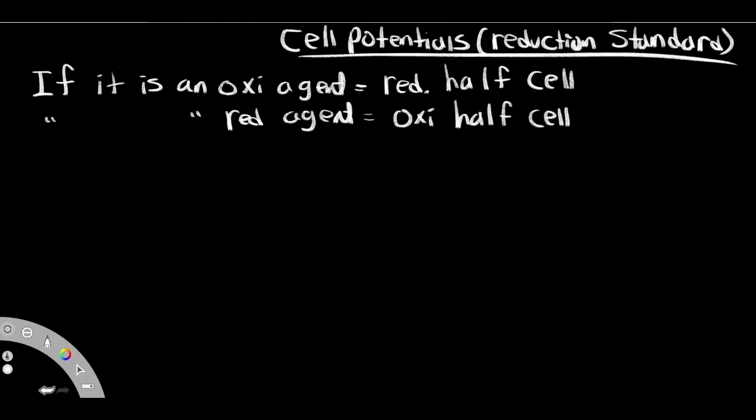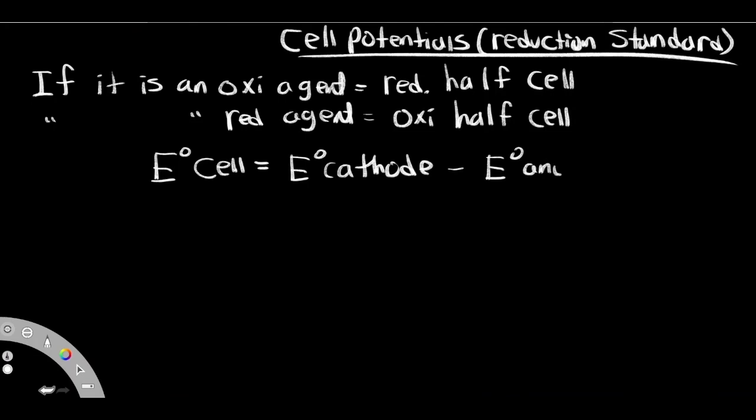Now there is one particular formula that I need you to remember. Your E naught cell is always going to equal your E naught cathode minus your E naught anode. Another way you could say this is standard: E standard of the cell is equal to the E standard of the cathode minus the E standard of the anode.